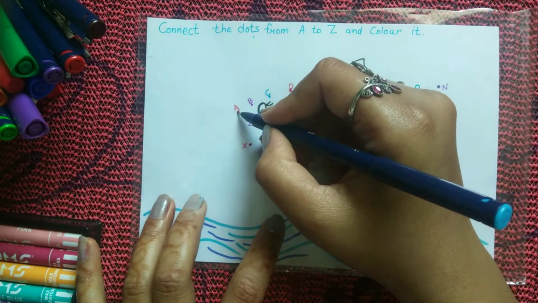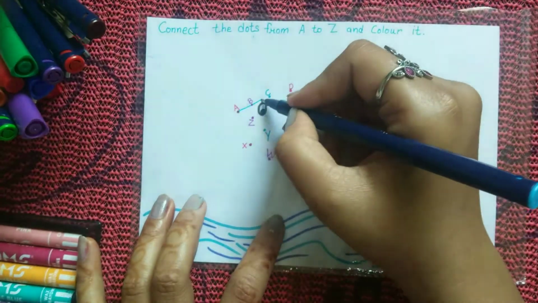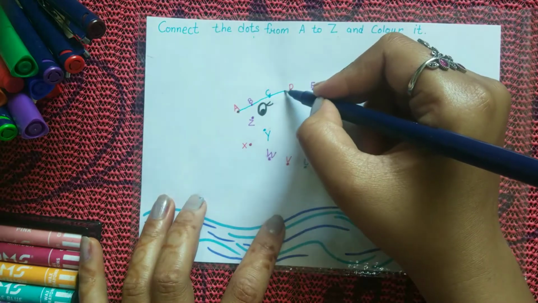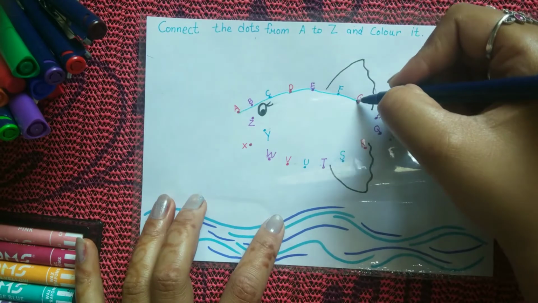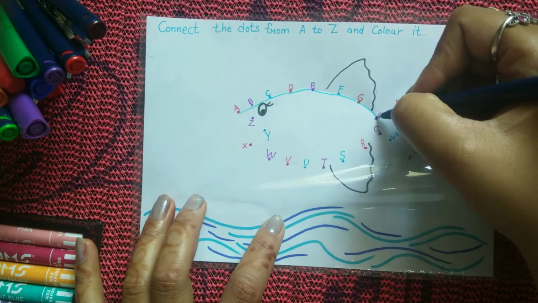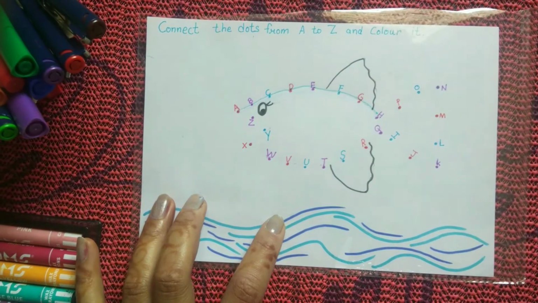What comes after A? B. Then C. Then D, E, F, G, H. Right, everyone?